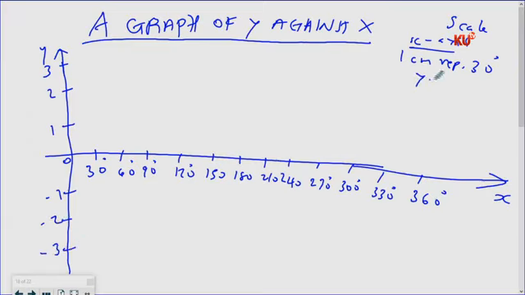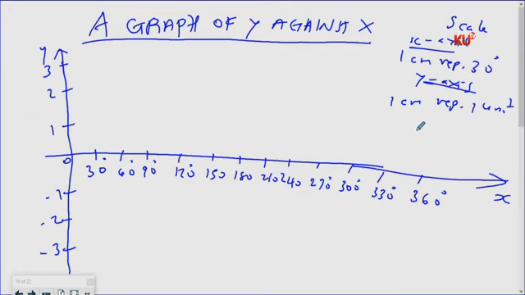On the y-axis, this is my scale: 1 centimeter is representing 1 unit. I've just skipped one box here. So far, we have 3 marks. One is for the title, another mark is for the scale, another mark is for labeling. You have to label that this is the y-axis and this is the x-axis.